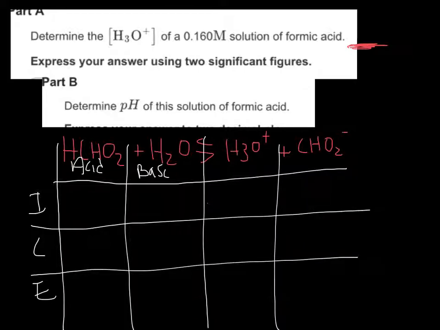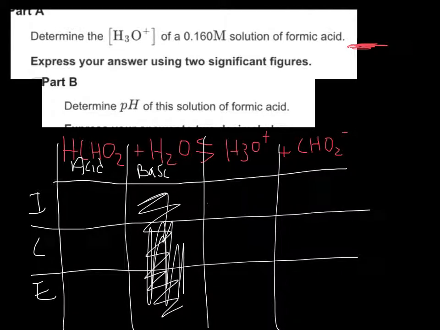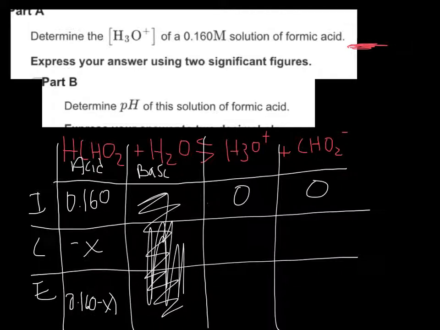Since H2O is a liquid, we don't include it. I just cross it out so I don't confuse myself. It says it starts with 0.16 molarity, and these will be 0 and 0, as we know from our previous chapter. As this reaction goes on, we'll lose concentration, so we get 0.16 minus X. Over here we add X, and over here we add X. So that just equals X.